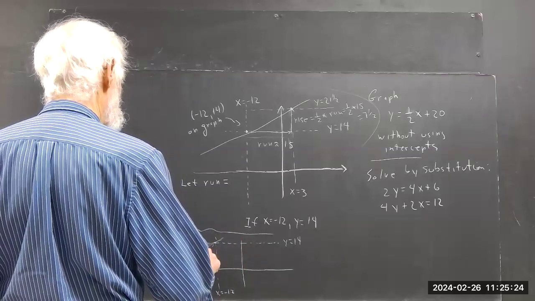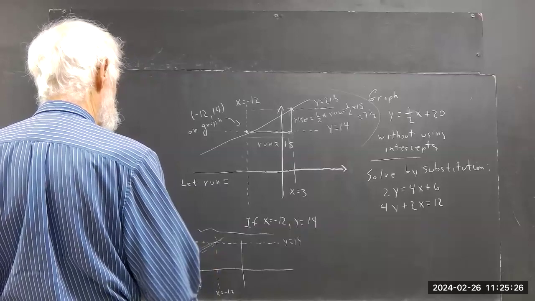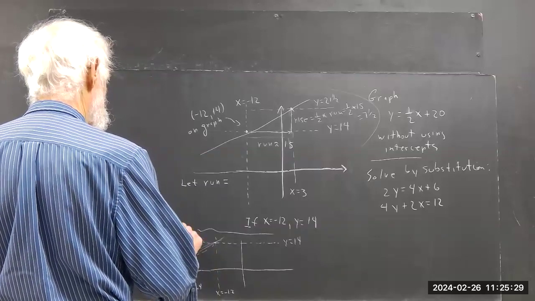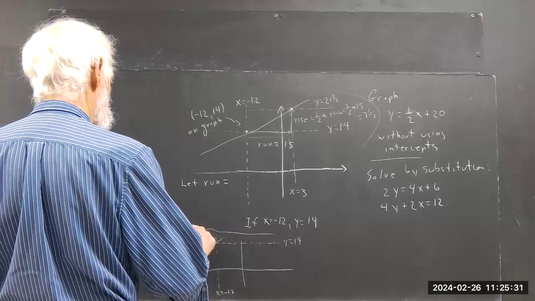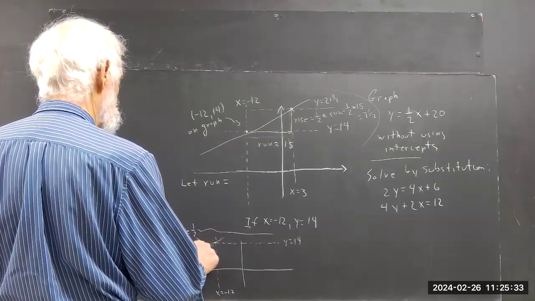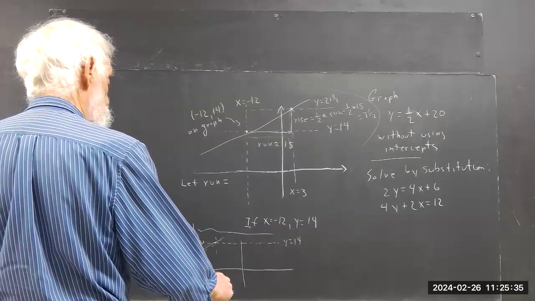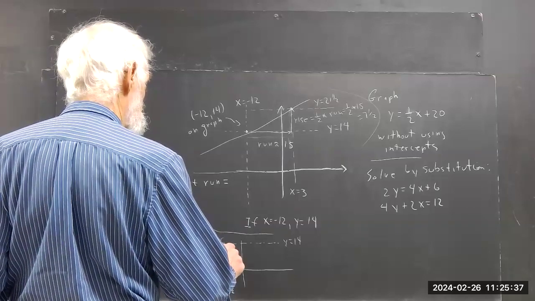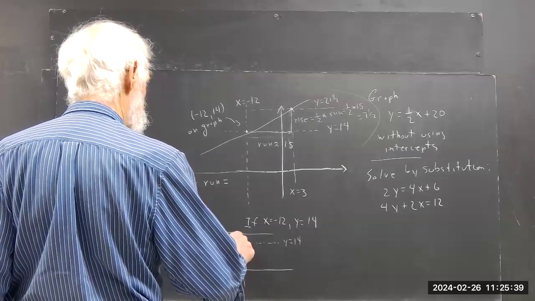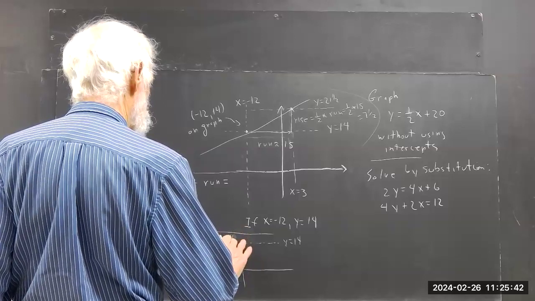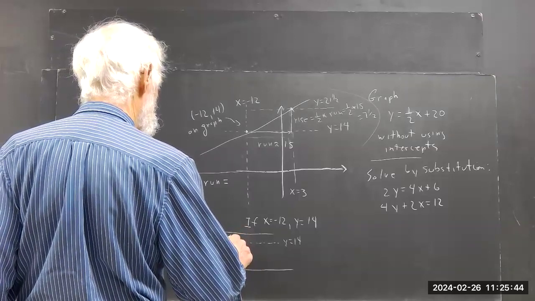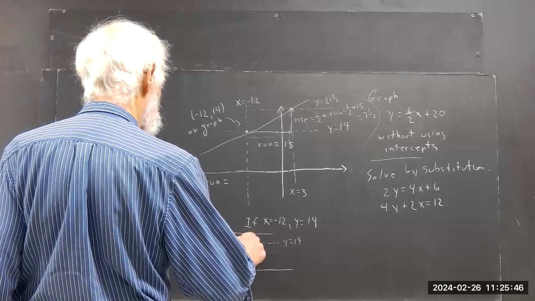And I want to find this point. The slope of the line is 1/2. At x equals -12, we got y equals 14.